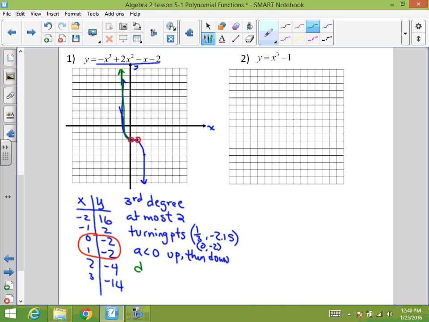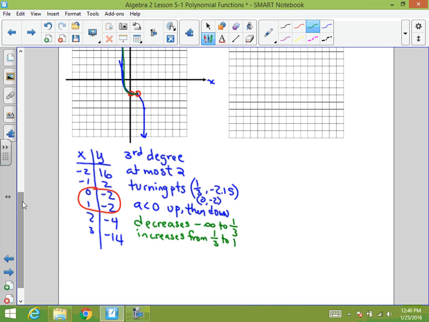So it decreases from negative infinity to 1/3, and then it increases from 1/3 to 1. And then it decreases again from 1 to infinity.